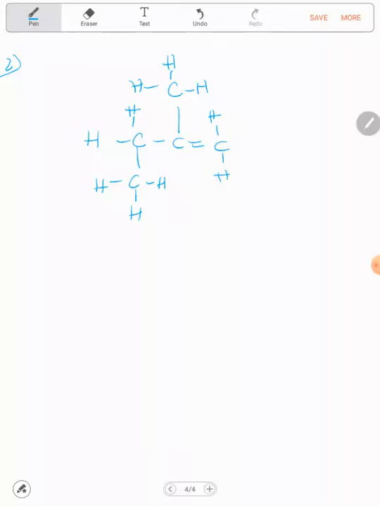We have carbon 1, carbon 2, carbon 3. I follow the order. The methyl group is the first, so I have 2, and another methyl group is on the third carbon atom. So these are 2 methyl groups, so I'm going to say dimethyl. Then where is the double bond? On the second carbon atom. And which alkene has 3 carbon atoms? That's propene. So this is 2,2-dimethylpropene.